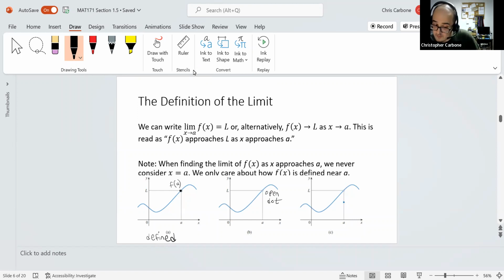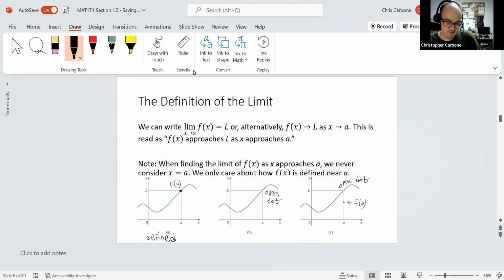Likewise, we have, again, an open dot here. But we have ourselves a way here to define it by using this point right here, right? But again, if we just took the value of the function at this particular value a, we would get whatever this here is, f of a.